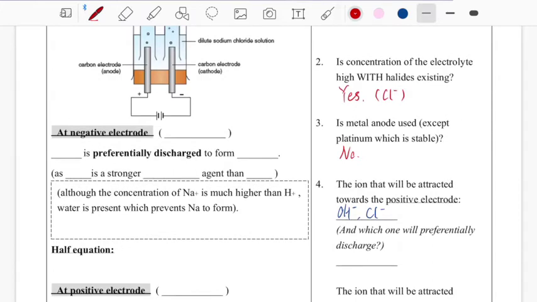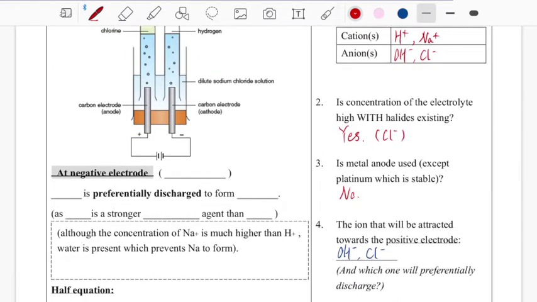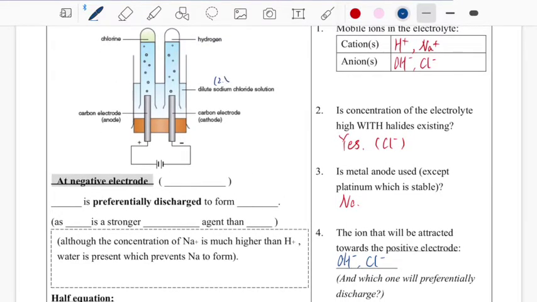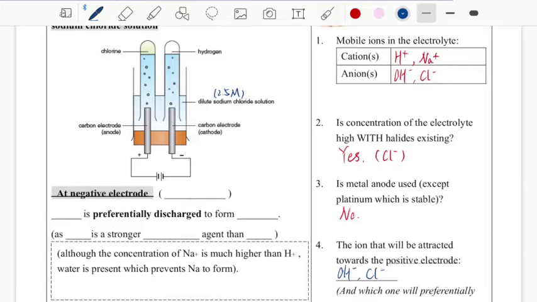Just to give you a picture of this, suppose, for example, we are using 2.5 molar sodium chloride solution as an electrolyte, then our chloride ion concentration would be 2.5 molar. And we can calculate how much hydroxide ion would be produced by dissociation of water, and the concentration of hydroxide ion produced by dissociation of water is just around 10 to the power of -7 molar.